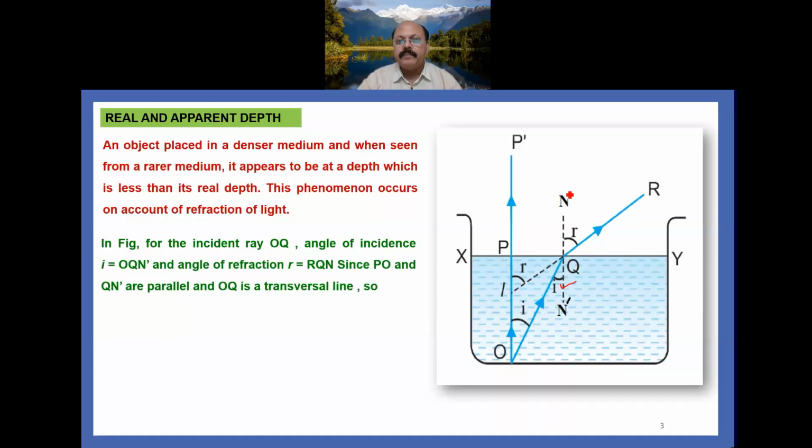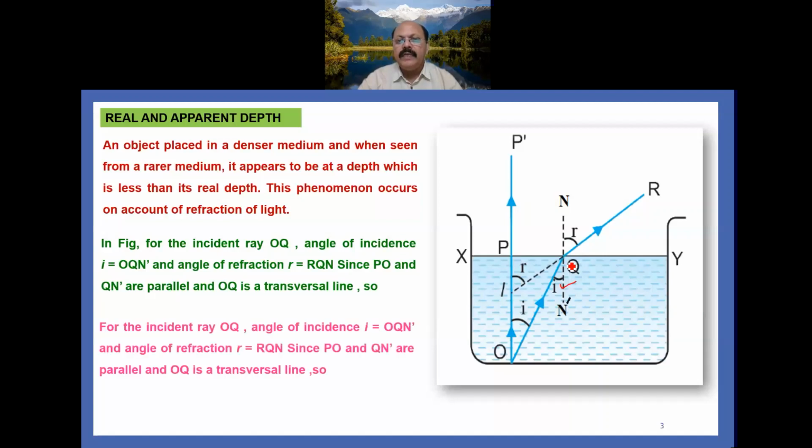Since PO and QN dash are parallel, and OQ is a transversal line, therefore for the incident ray OQ, the angle of incidence i is equal to angle OQN dash, and the angle of refraction, that is small r, is equal to angle RQN.